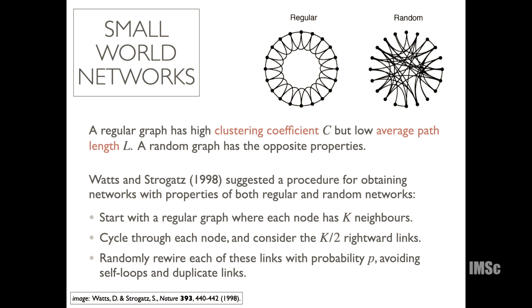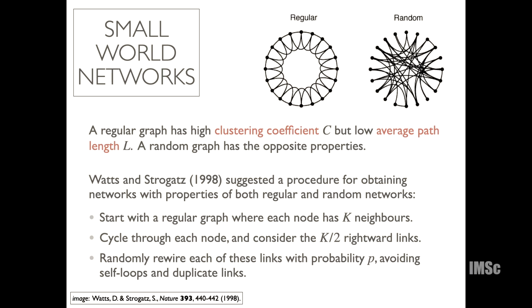So a purely random network would have a low average path length and a low clustering coefficient. Sorry, there's a typo over here.